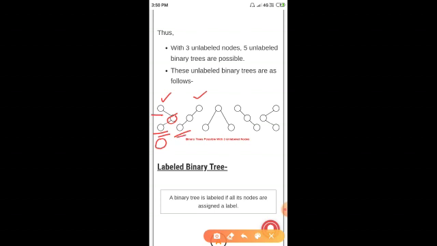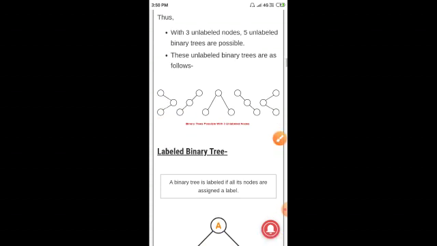But here each node has 0, 1 or 2 child nodes only. So this is one way, this is one way, and in total these are the 5 ways we can form binary trees with 3 unlabeled nodes.